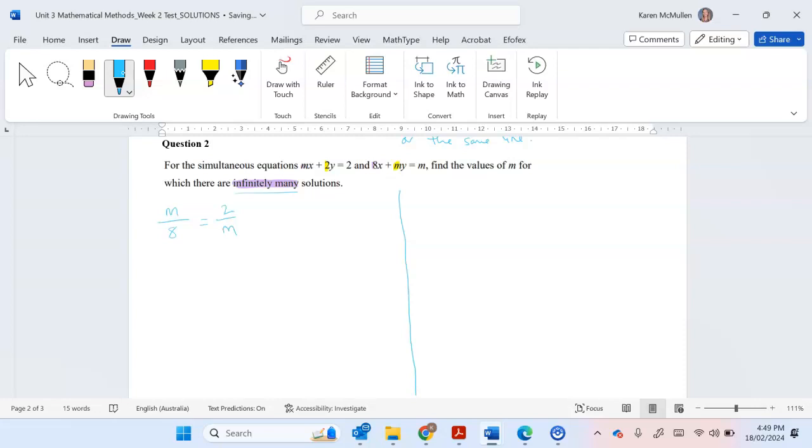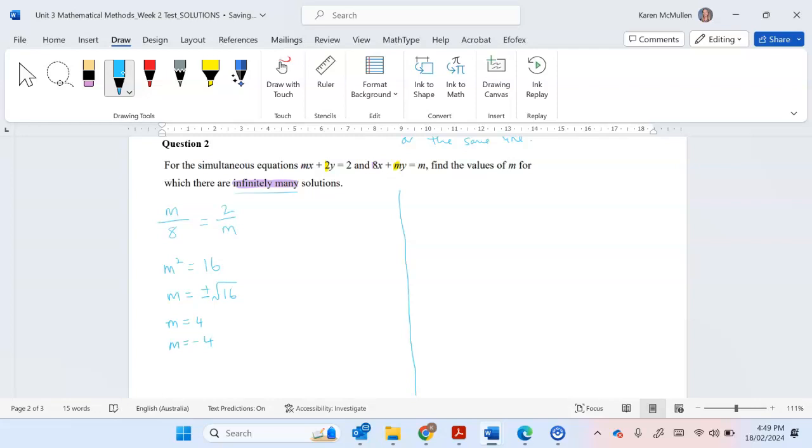And then we can just solve for m. So cross multiplying, we get m squared equals 16. So m is equal to plus or minus the square root of 16. So we've got 2 solutions, m equals 4 and m equals -4.